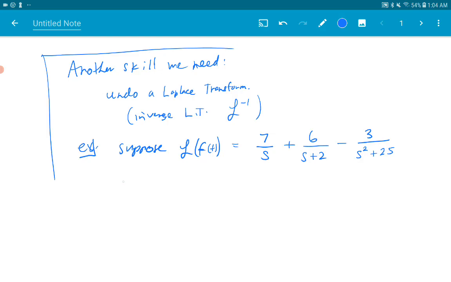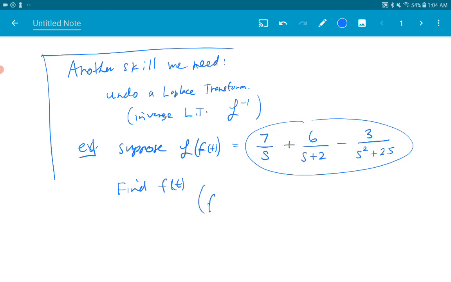And then I might say, find the original function f of t. In other words, what function would have this Laplace transform? Find f so that if I took its Laplace transform, I would get that. So we're doing Laplace transform in reverse. This is a skill we need to be able to solve things.